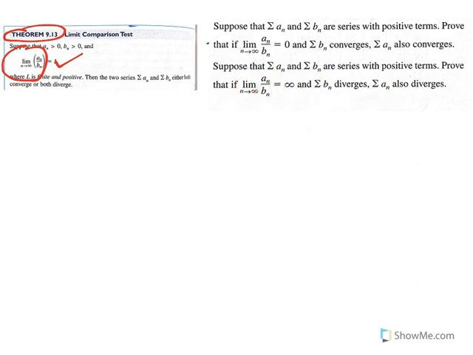Here's what you have to consider. If the series whose nth term is in the denominator diverges, then the series whose nth term is in the numerator must also diverge.